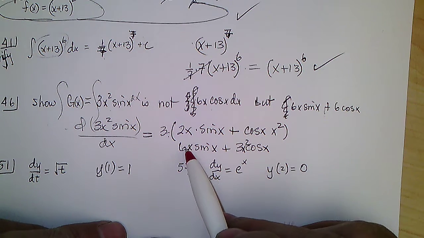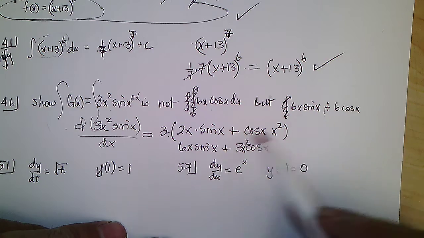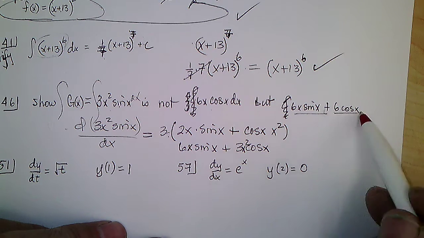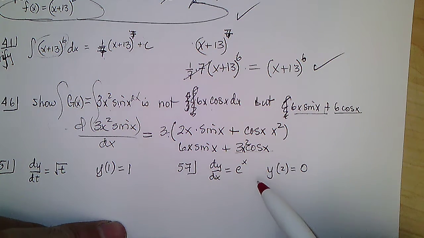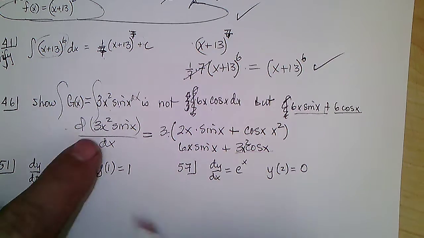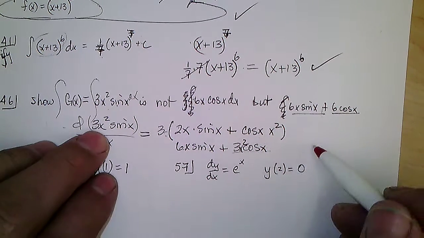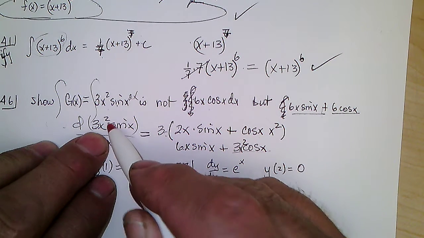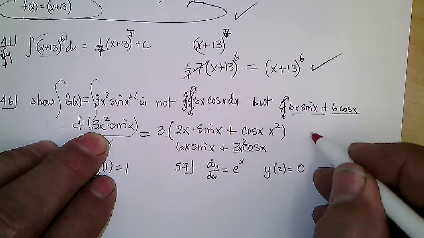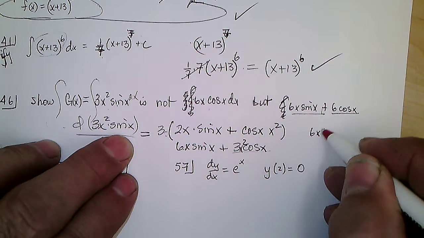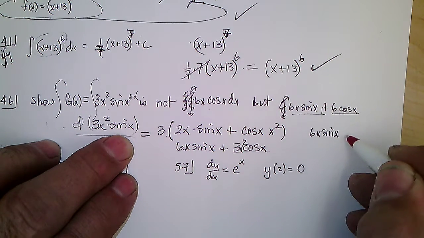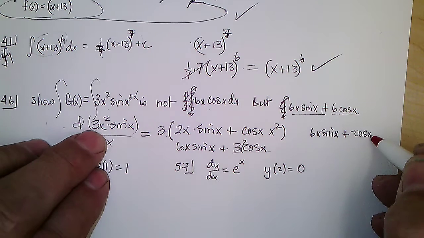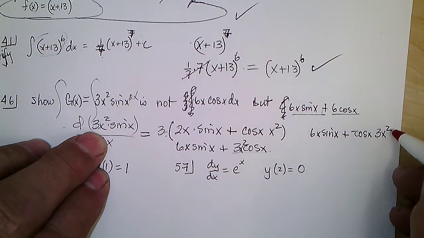So 6x sine x plus 6 cosine x. I'm not getting 6 cosine x. Let's see. The derivative of the first. Let's do this one again. Derivative of the first, which should be, I'll leave it together here. The derivative of that would be 6x times sine x plus the derivative of the second, which is negative cosine x times the first, 3x squared.